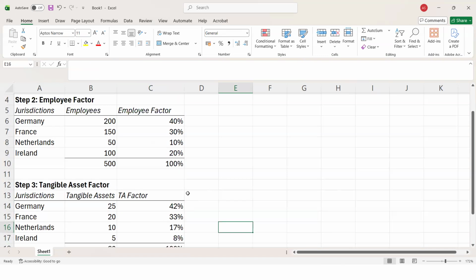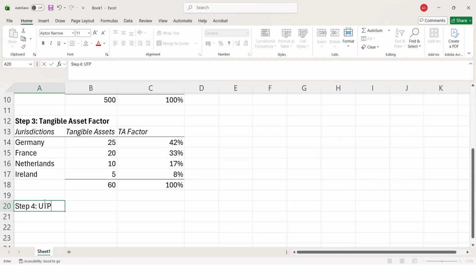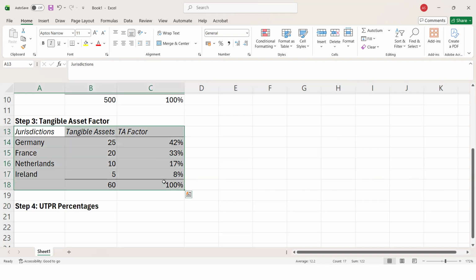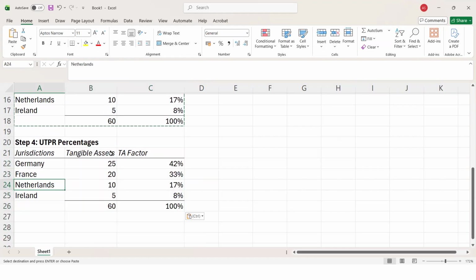Correct. Now I told you the UTPR share is decided by the UTPR factor or UTPR percentage. So what is step 4? Let's calculate the UTPR percentages for each jurisdiction. I'll quickly copy paste the whole thing. This is the jurisdiction.